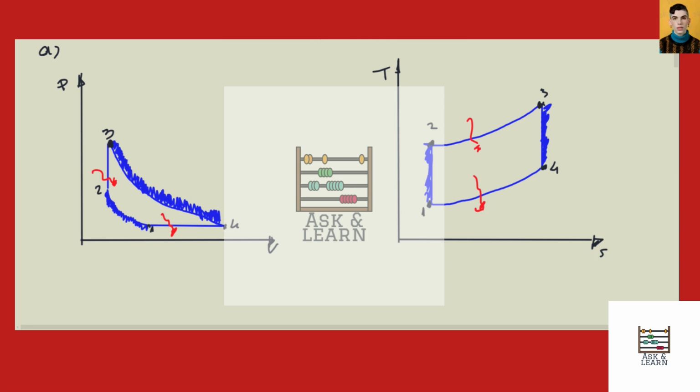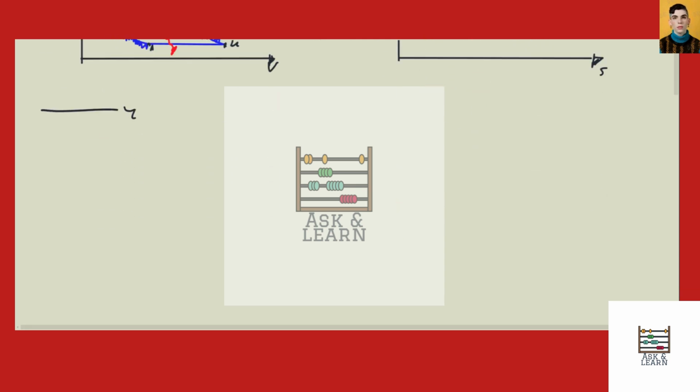Now let's see item B and item C. Item B is a little complicated to solve. We want to find in item B the net work of this cycle. And we must remember that net work is just the input heat minus the output heat. It's just the difference between the heat that enters and the heat that leaves the cycle.